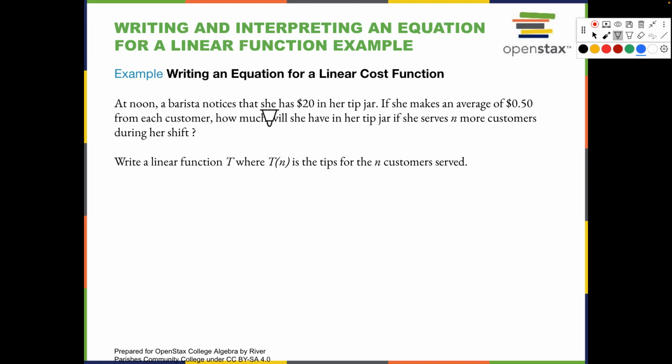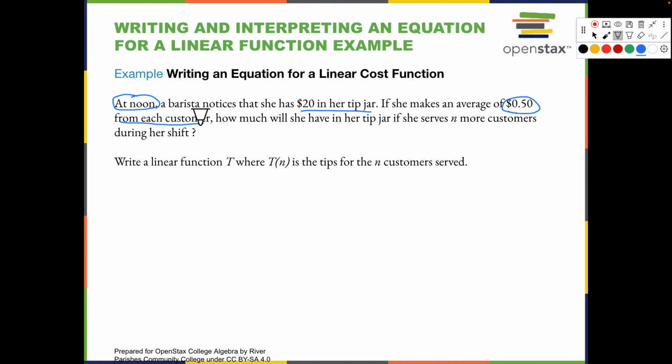As we look through this, a lot of times I won't read a full question; I will look, okay, here's a number. She has $20 at noon. A barista knows she has $20 in her tip jar. So that's at a particular time, right? She makes an average of 50 cents from each customer, so if I had 2 customers, I'd multiply by 50 cents and I'd have $1, right?